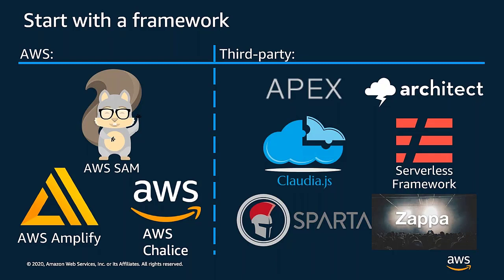You should choose the one that's most closely aligned with the programming languages that you're familiar with or with the knowledge of your existing team. AWS offers frameworks such as AWS Amplify, AWS Chalice, and the AWS Serverless Application Model, which we'll cover more specifically. There are also a number of third-party services that may meet your needs more closely. We'd encourage you to check those out as well.